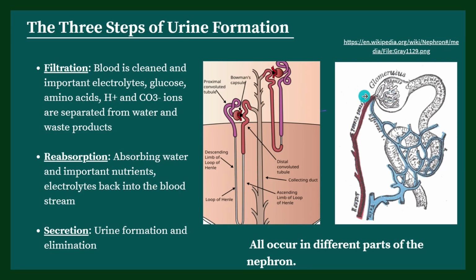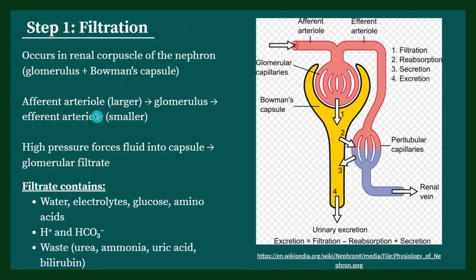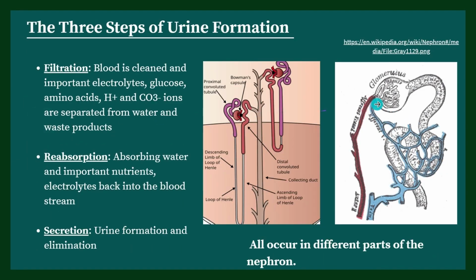There's a couple of terms that you need to know, and those are afferent, which means before arteries, and efferent, which means after arteries. The reason that there's a difference between afferent and efferent is so that you know that this bigger arterial tube is going into that capsule, and it's because it's so much bigger, there's a higher pressure, which forces those filtrates out into the glomerulus.